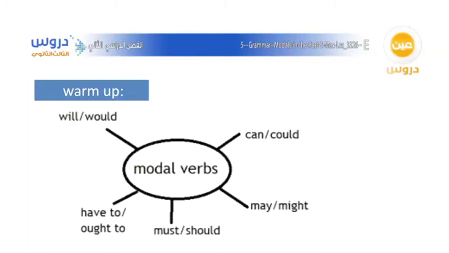They should also be included. And shall as well. Yes, shall and should. These are also modal verbs. Now we're going to see how we can use these modal verbs in the past.